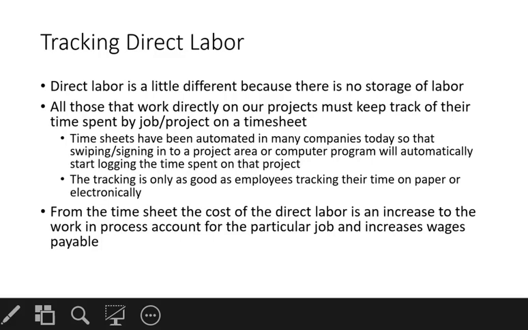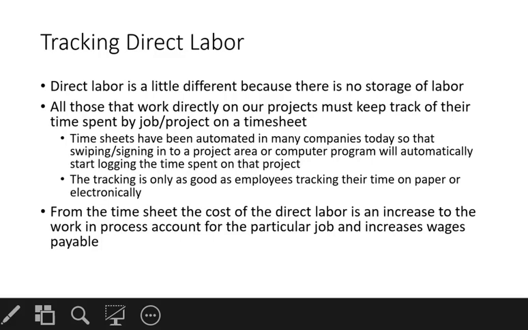This is all very automated today. Literally you're swiping cards when you move from one job to the next. When you're working on the computer, it's keeping track of the minutes you're in a project so that you can transfer that to the job sheet, and that can indicate how much you should be paid as well as how much time was spent on that job.